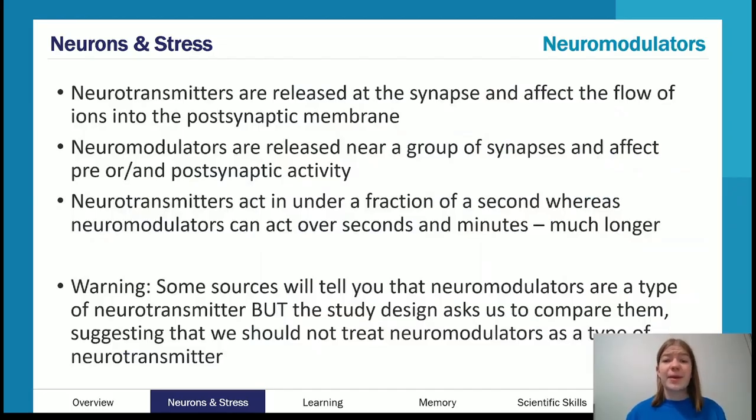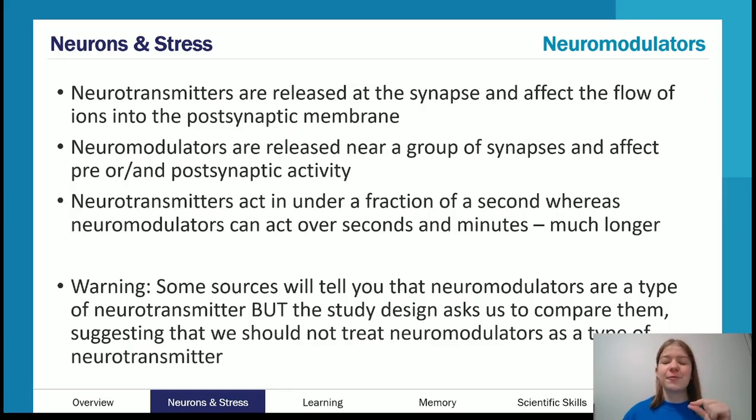I wanted to talk a bit more about neuromodulators because these are new to the study design. So we have neurotransmitters released at the synapse that affect the flow of ions into the postsynaptic membrane. Neuromodulators are released near a group of synapses and are going to affect pre- and/or postsynaptic activity.